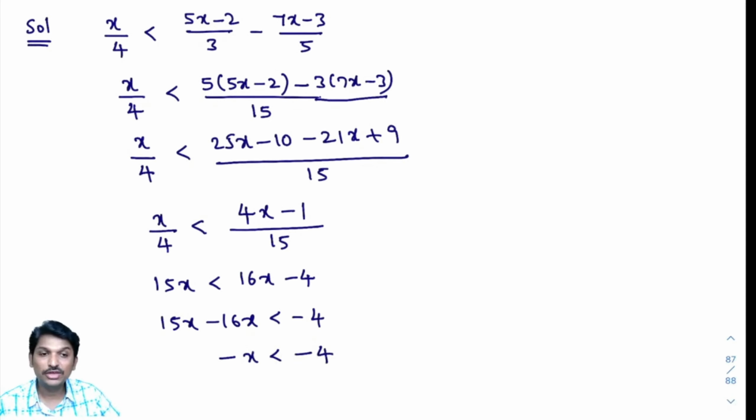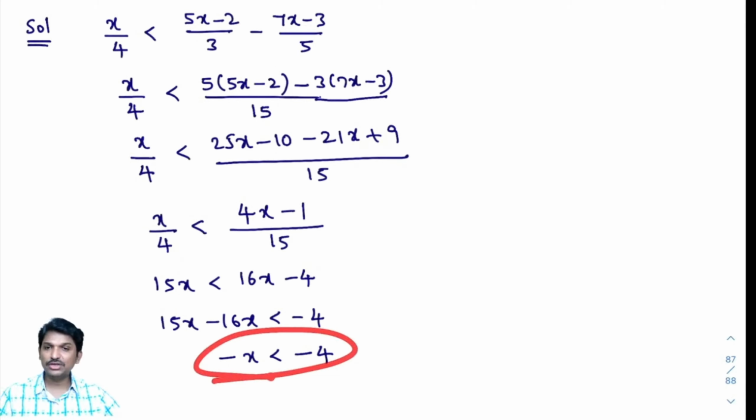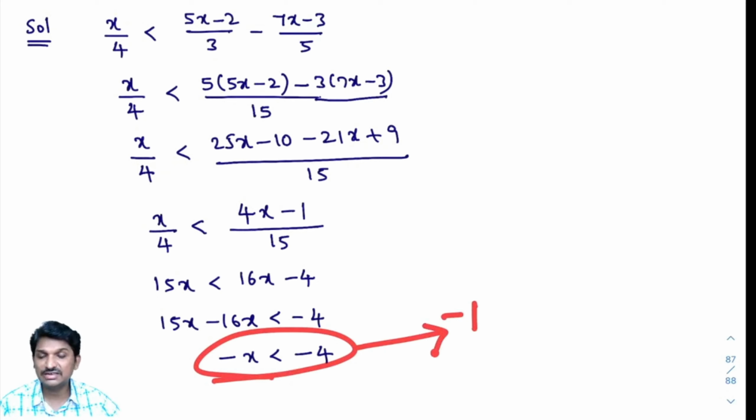I am looking for x values, so I want x on the left hand side part. To get that, you multiply this inequality on both sides with minus 1. Minus 1 is a negative real number. For an inequality, if we multiply with a negative real number, the sign of the inequality changes.